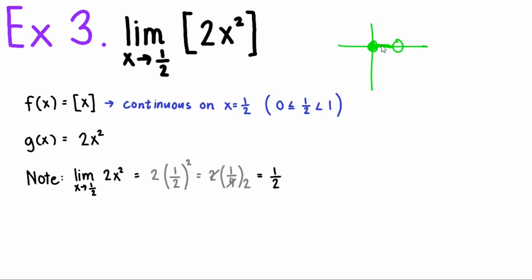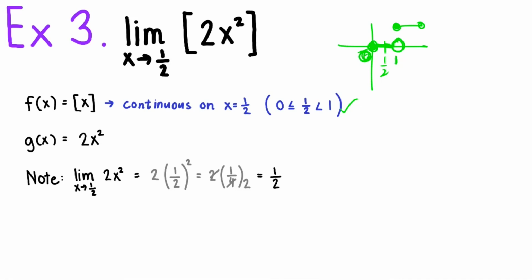So even though there are some gaps at the integers, when x is in between two integers, let's just put 0 here and 1, and 1 half is out here. You can see that the graph is continuous out here. So this is indeed true.